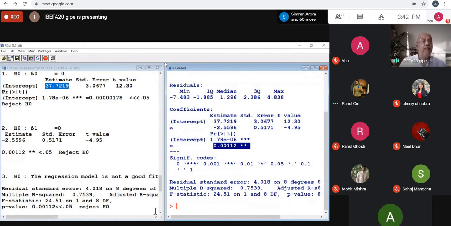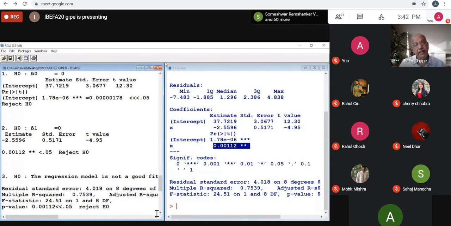Correct. So beta 1 is estimated by minus 2.5596. Am I right? Yes, sir. So beta naught and beta 1 are done. Together, beta naught plus beta 1 x is a good fit.